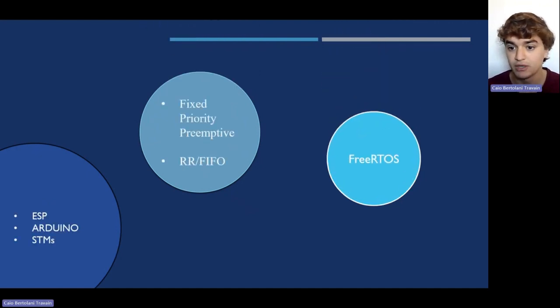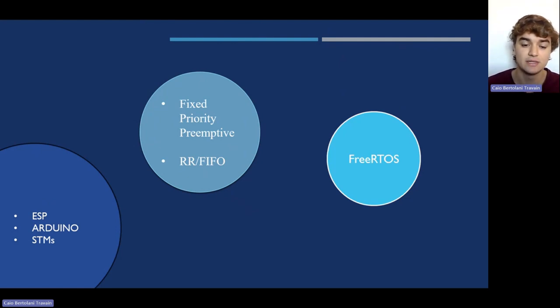Going to FreeRTOS, this one from Amazon, it doesn't require any subscription. It's free to use, and it was made mostly for IoT systems, so ESP, Arduinos, STMs, basically all microprocessors support FreeRTOS. It also uses fixed priority preemptive, and all those OSs let you choose, so you can change the algorithm they use.